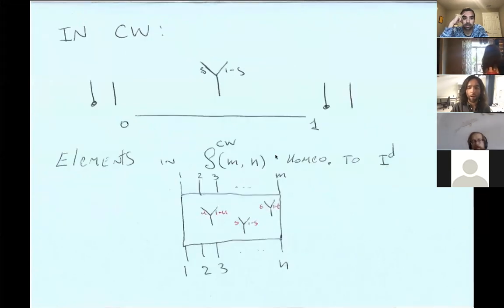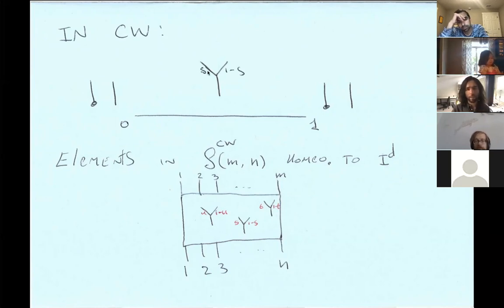Now, I would like to move away from the algebraic category and think in terms of CW complexes. So we said that the product was a degree 1 generator in the algebraic context. Actually, we can think of it as an interval.